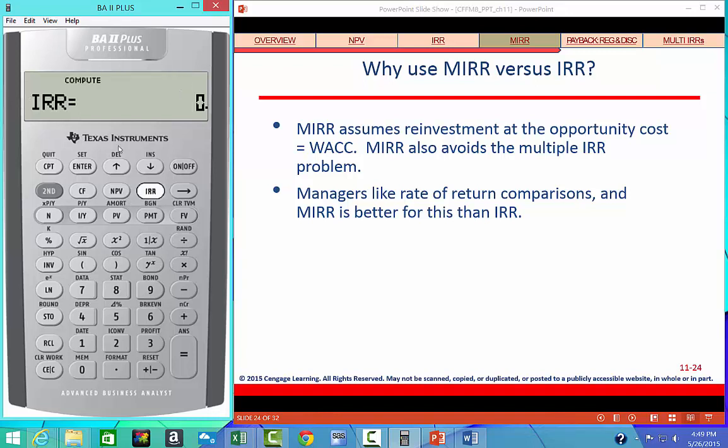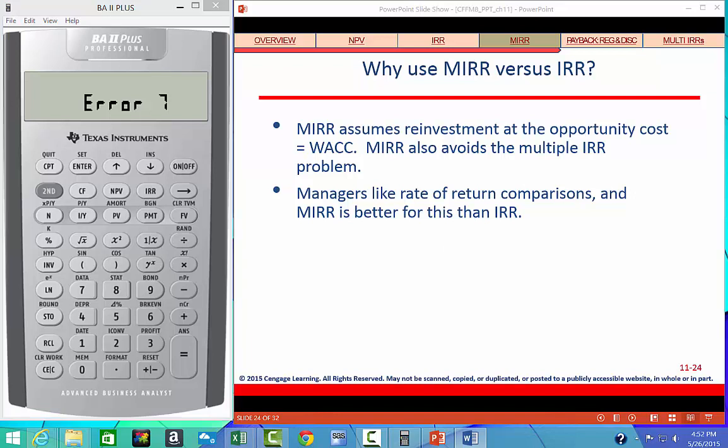And then I'm going to hit IRR and compute. And you see that I get an error message because I put in negative 100, positive 50, negative 50. So there were two changes in sign. And I can't calculate an IRR, but I could still calculate an MIRR with the two changes in sign.